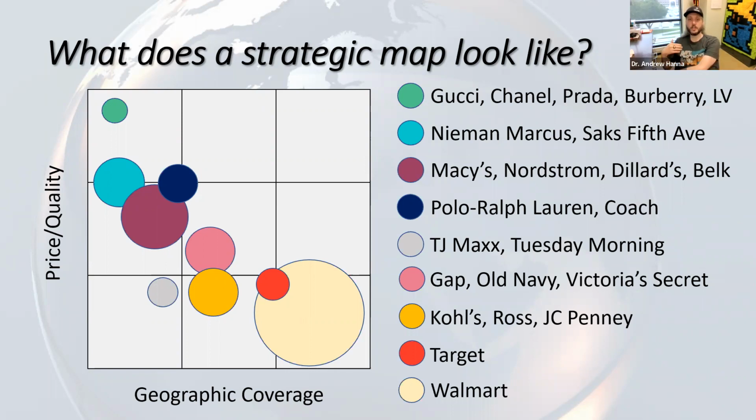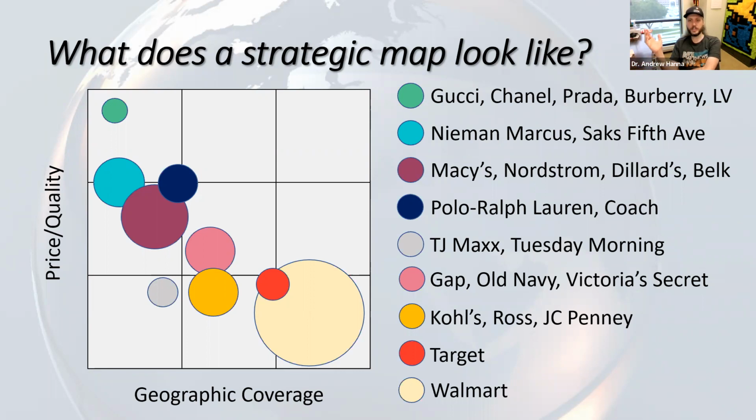Some competitors might be focused on quality and some might be focused on low price, and we understand those two things can very rarely exist in tandem with one another. So we see in the top left here Gucci, Chanel, Prada, Burberry, Louis Vuitton, and they're in a very different section of this same industry than someplace like Walmart in the bottom right down there.